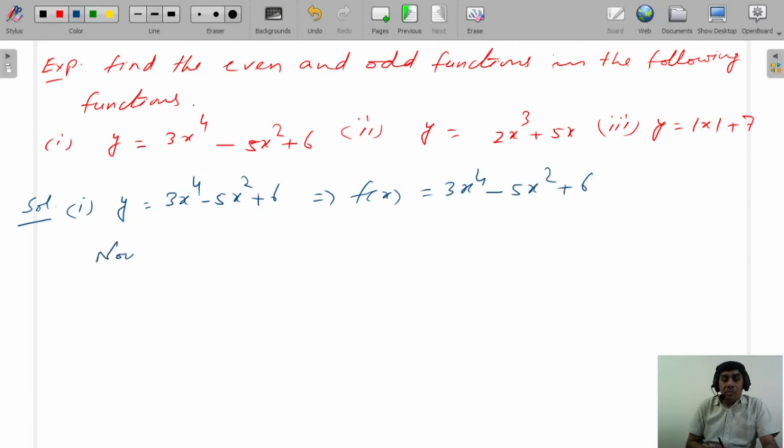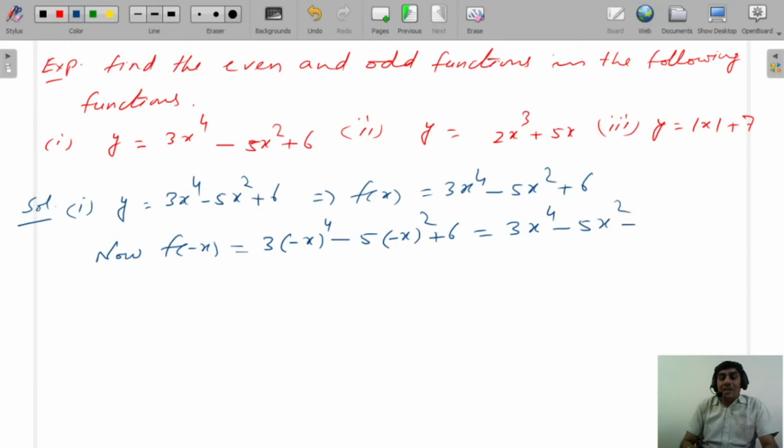Now, f(−x) is equal to 3 into (−x)⁴ minus 5 into (−x)² plus 6, which is equal to 3x⁴ − 5x² + 6, is equal to f(x). This implies f(−x) is equal to f(x). Hence, f is an even function.